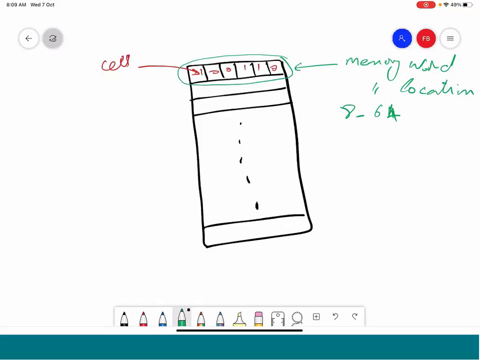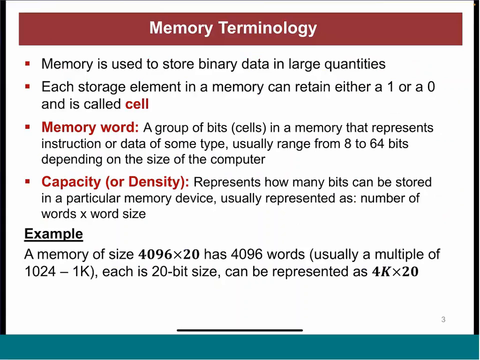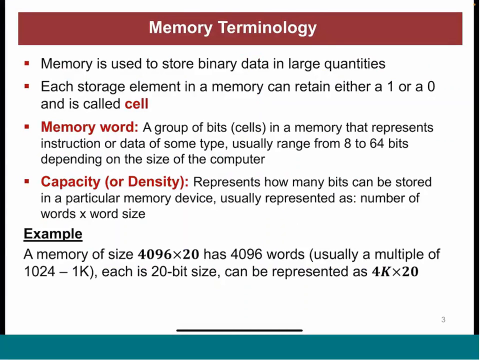So a memory contains a number of memory words, and each memory word consists of cells. The size of each memory word could be 8-bit, 16-bit, 32-bit, 64-bit, and so on. And you can make customized memories in VHDL. You can have 4-bit, 1-bit, 3-bit. You can describe and create your own custom-made memory.